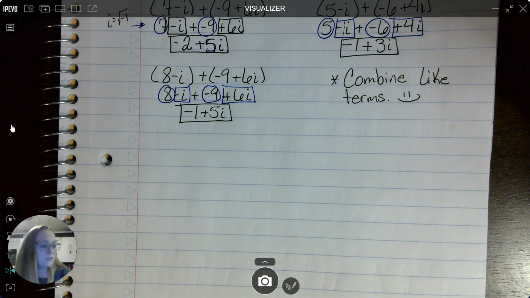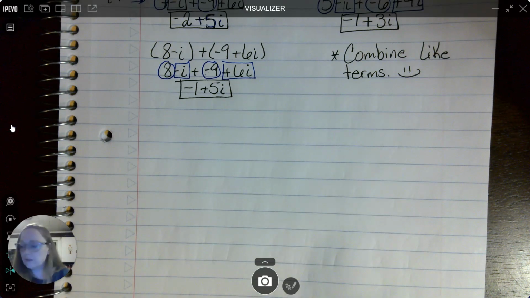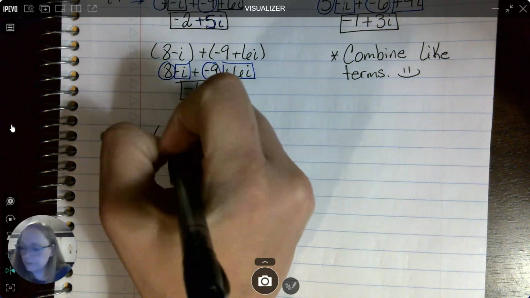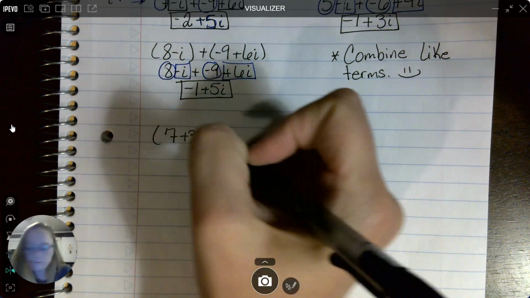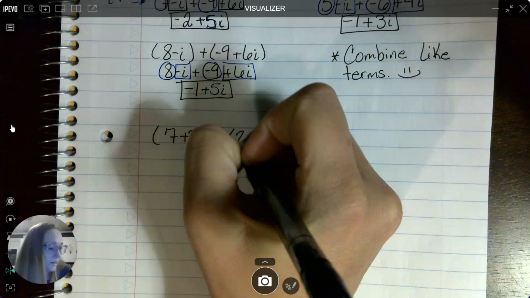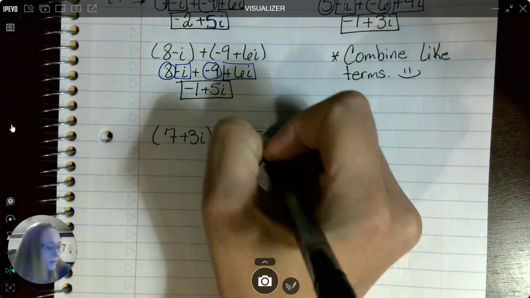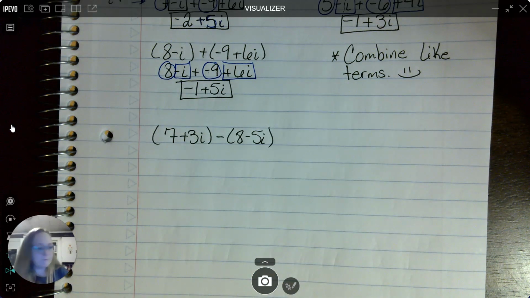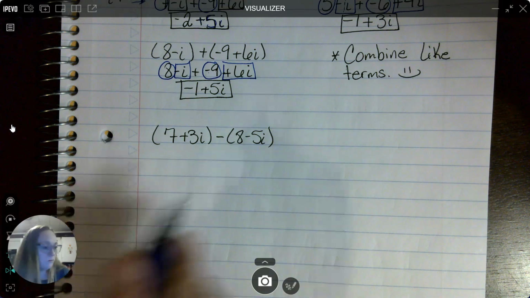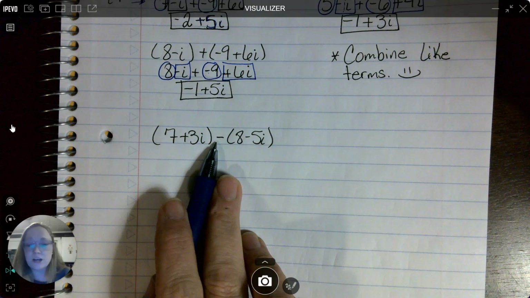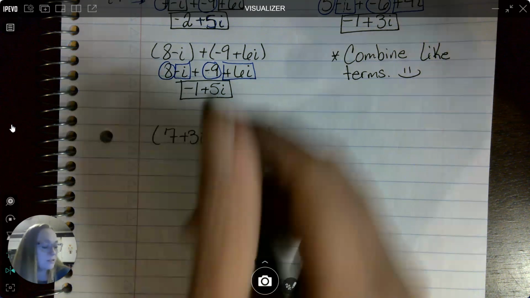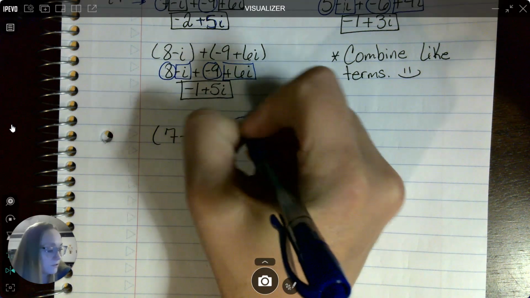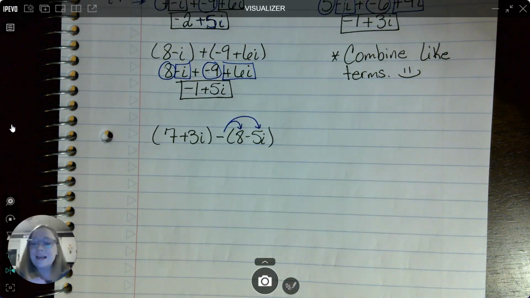Okay. So now let's look at some subtracting. We get 7 plus 3i minus 8 minus 5i. Cannot write 5s today to save my life. Okay, so to solve this one, just like again subtracting polynomials, to get rid of these parentheses, we want to distribute that negative to everything in the parentheses behind it.